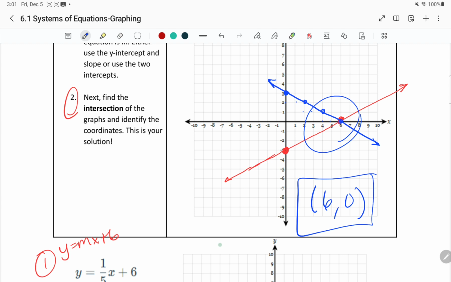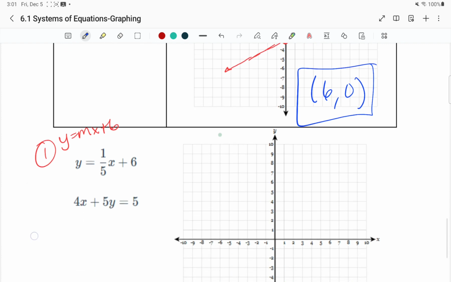Okay, that's my answer. That's what I plug into Delta Math. So on your problems on Delta Math, you will have to graph them and then state where they cross. And that's how it's done. That's with graphing using the intercepts.